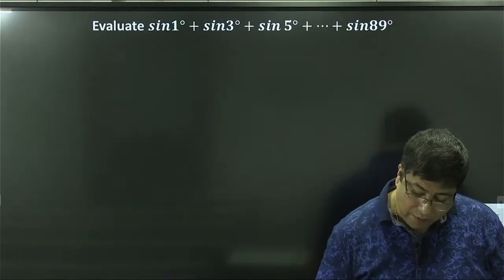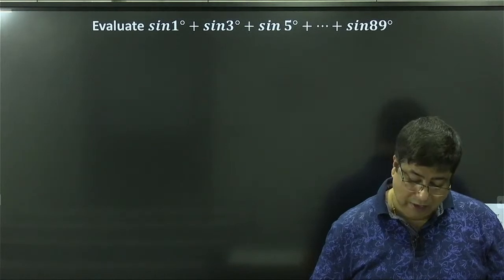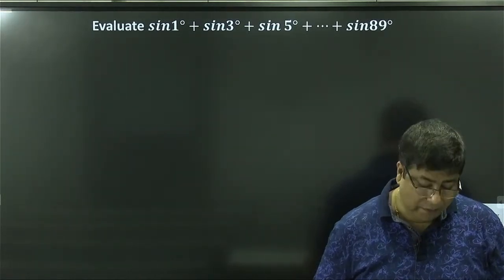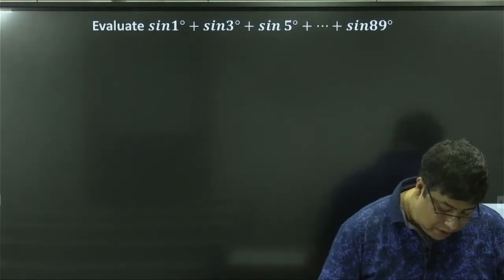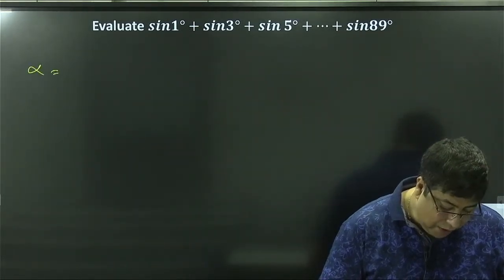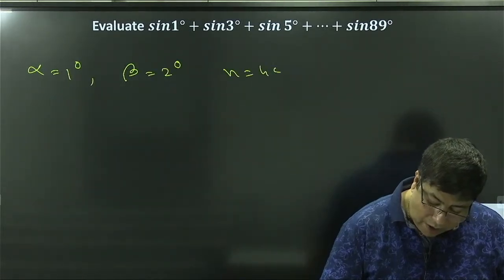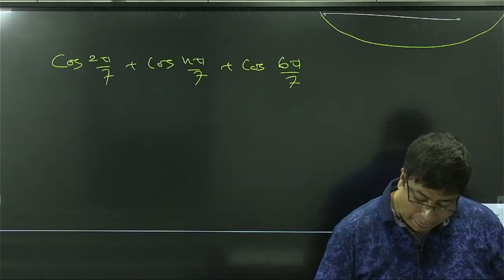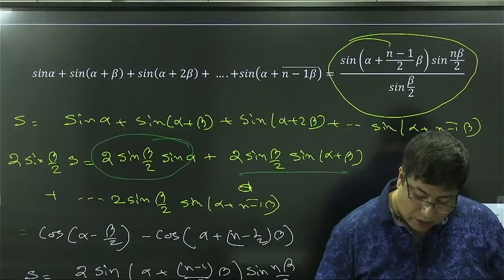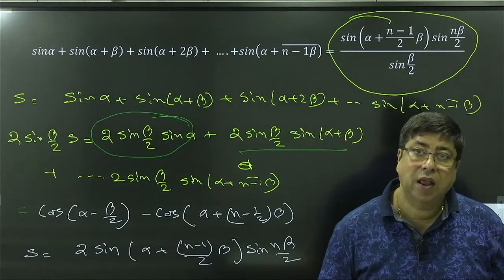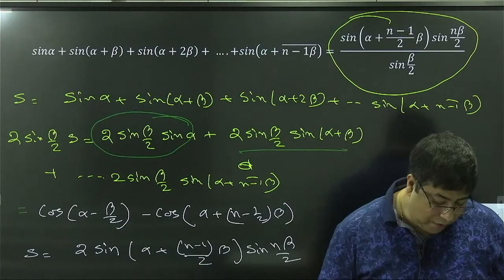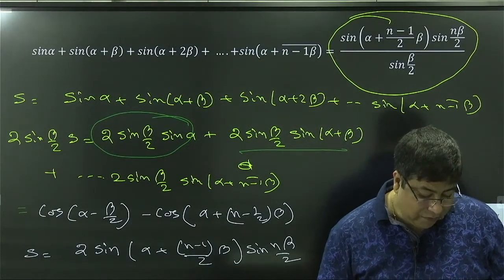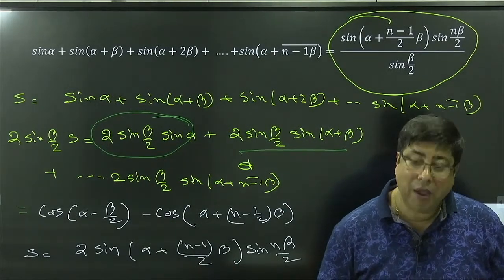Now one formula I am applying with sin 1 degree plus sin 3 degree plus sin 5 degree continuation. Let us put alpha equal to 1 degree, beta equal to 2 degree, n equal to 45. In this formula, sin alpha, sin(alpha plus beta), sin(alpha plus 2 beta), that is 1, 3, 5, 7, total 45 terms, alpha is 1 degree and beta is 2 degree.